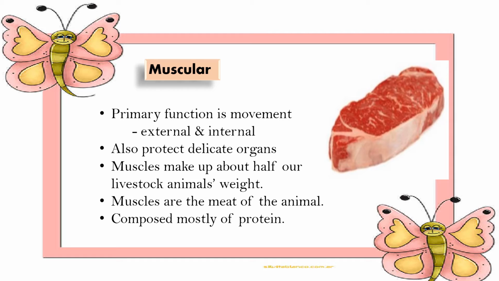It also protects delicate organs. Muscles make up about half our livestock animals' weight. Muscles are the meat of the animal, composed mostly of protein. That is why when you are younger, you are really advised to eat more protein.